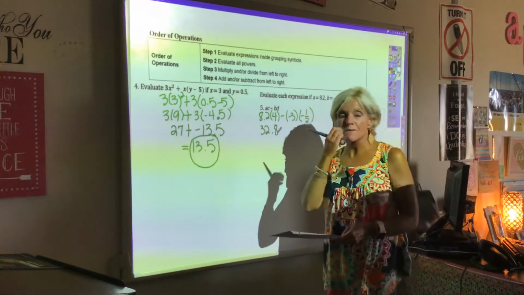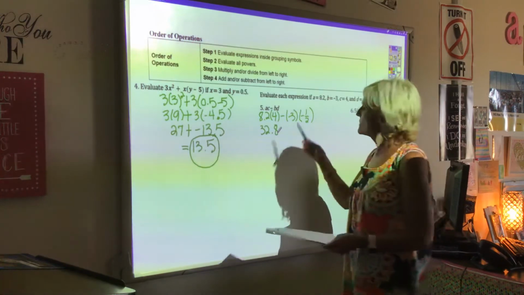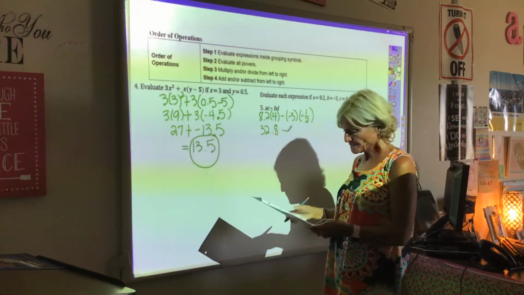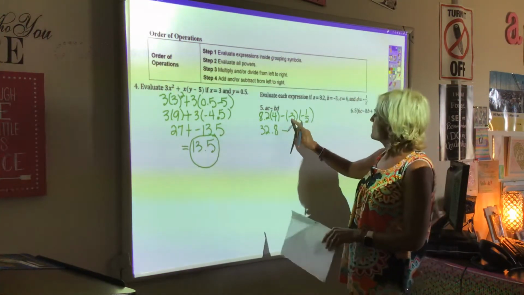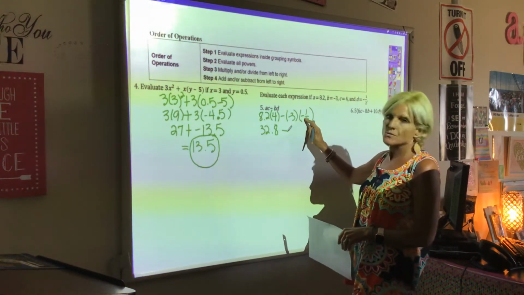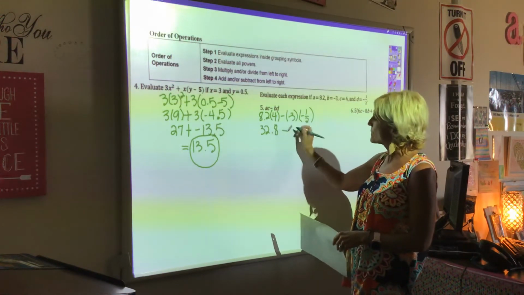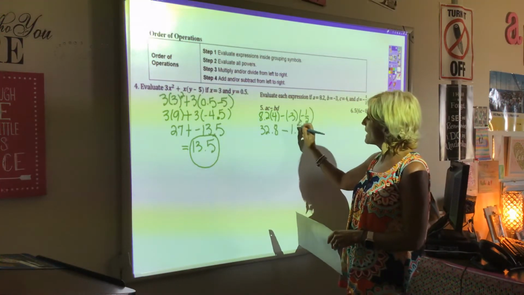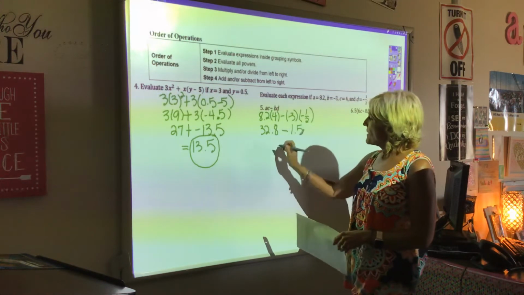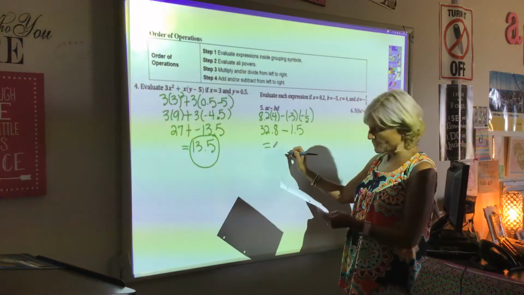Hopefully you'll remember this from Algebra 1. An odd number of negatives is going to give us a negative. So we can put a minus. And then this negative 3 times negative 1/2 is 3 halves, or if you'd rather put it as a decimal, since this isn't a decimal, that would be minus 1.5. Okay, so if we simplify there, we're going to have 31.3.